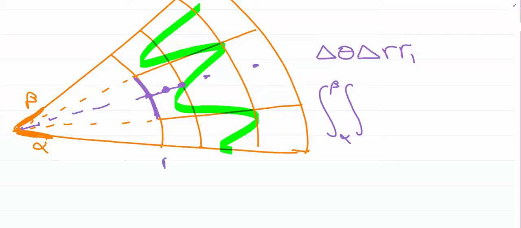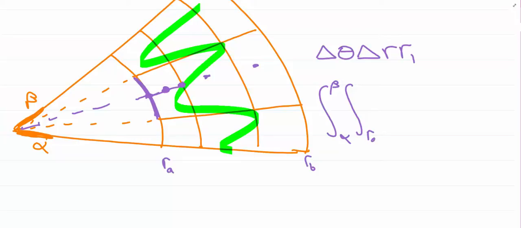Let's just say this is R sub A, and this is R sub B. In other words, let's suppose the smallest radius is R sub A and the largest one is R sub B. Now, what is the radius going to go to?